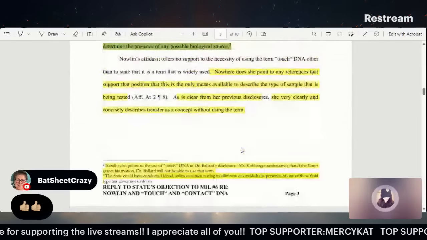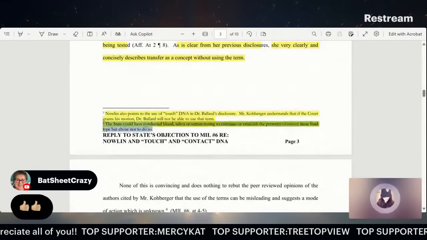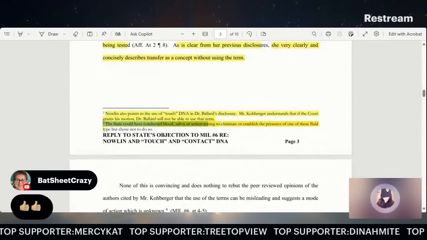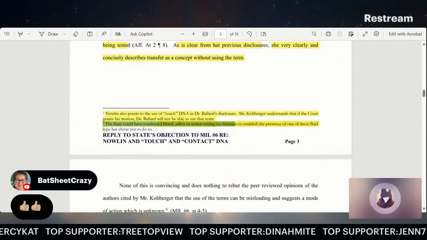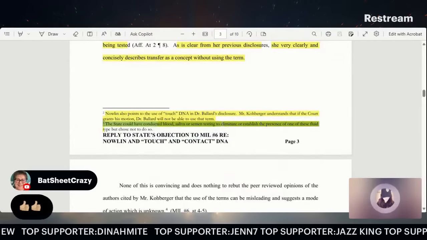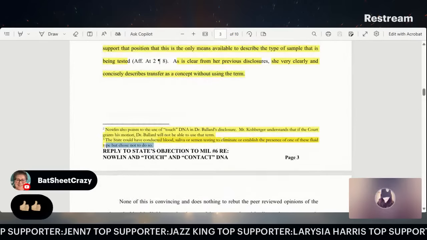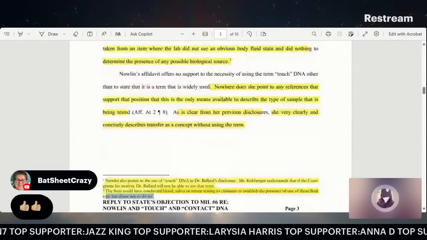Footnote 3. Footnote 3 says the state could have conducted blood, saliva, or semen testing to eliminate or establish the presence of one of these fluid types, but chose not to do so. Interesting.